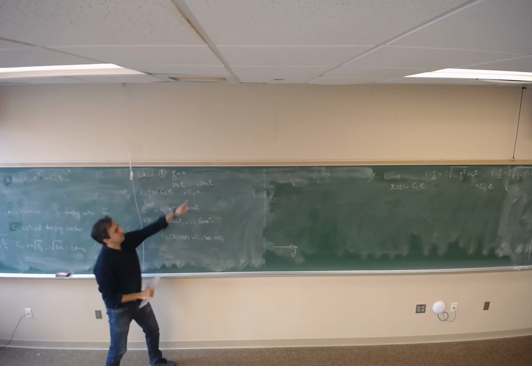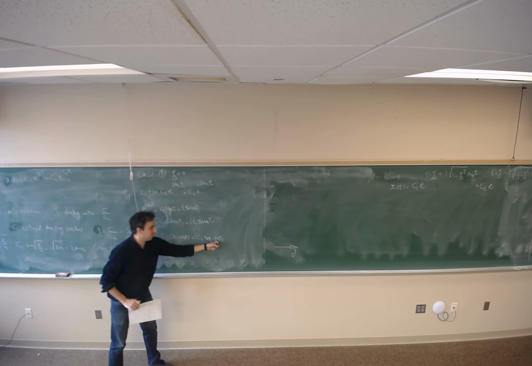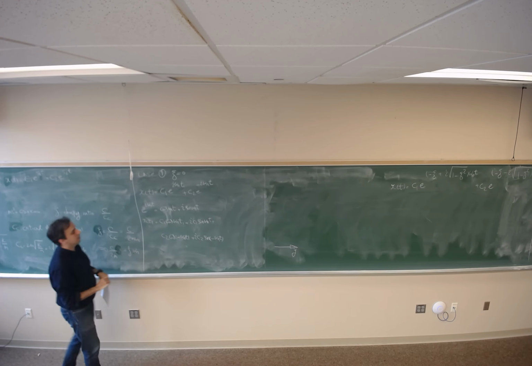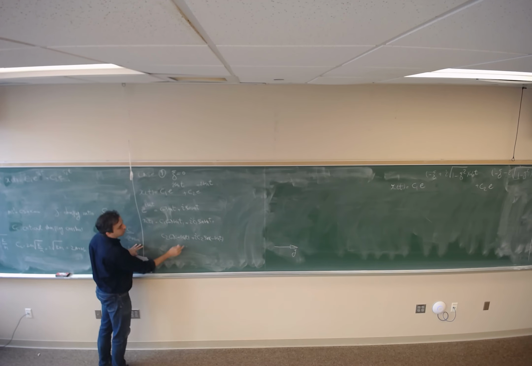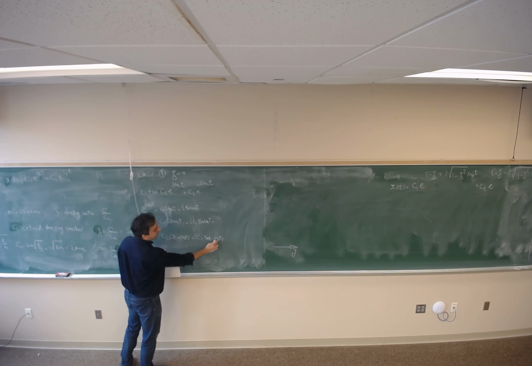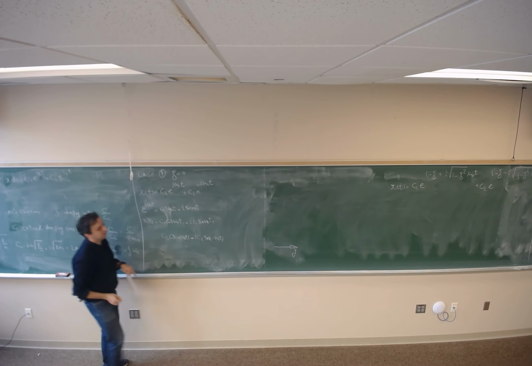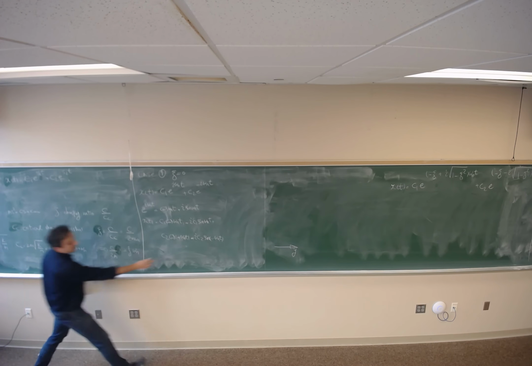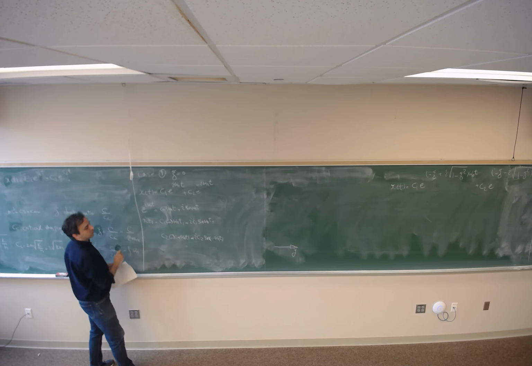Cosine of theta equals cosine of negative theta, so this is going to be the same as this. And sine of negative theta is going to be negative sine of that angle. So I move this negative here, and this negative is going to change to positive.